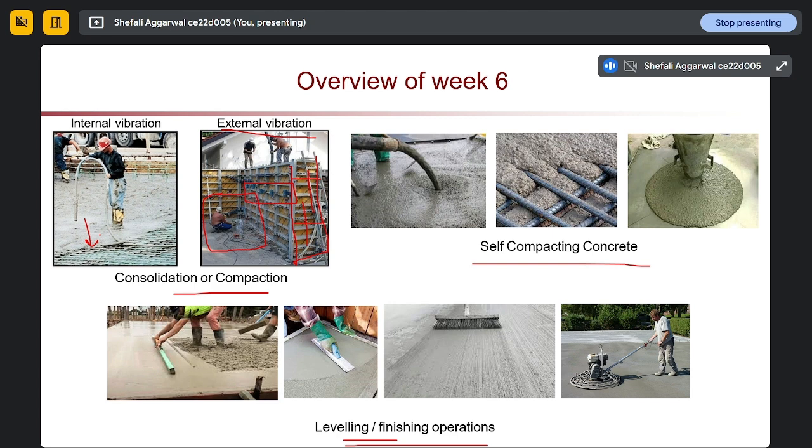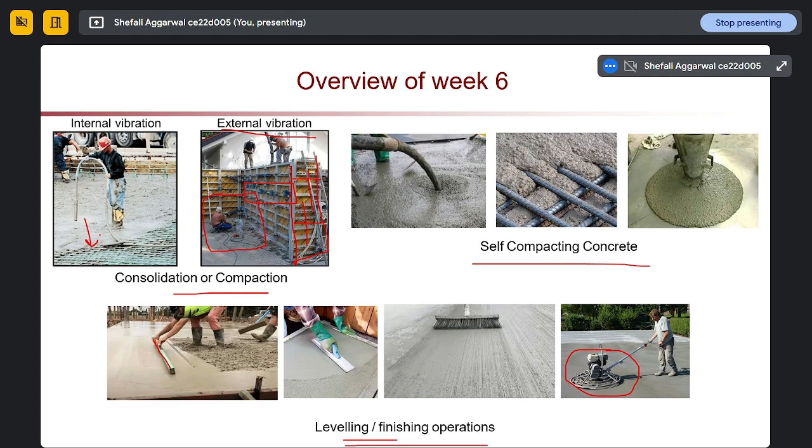It is divided into five phases. First is the initial heat, then the second curve, then the dormant period, acceleration period, and retardation period. How different types of reactions are happening at different stages is called the hydration of cement.